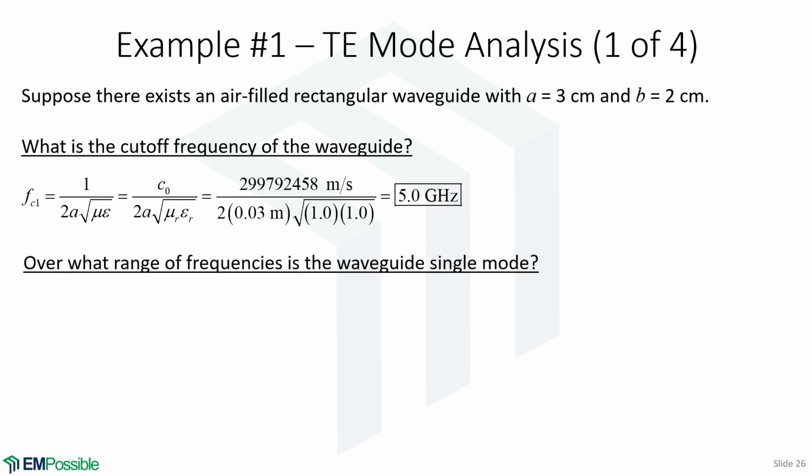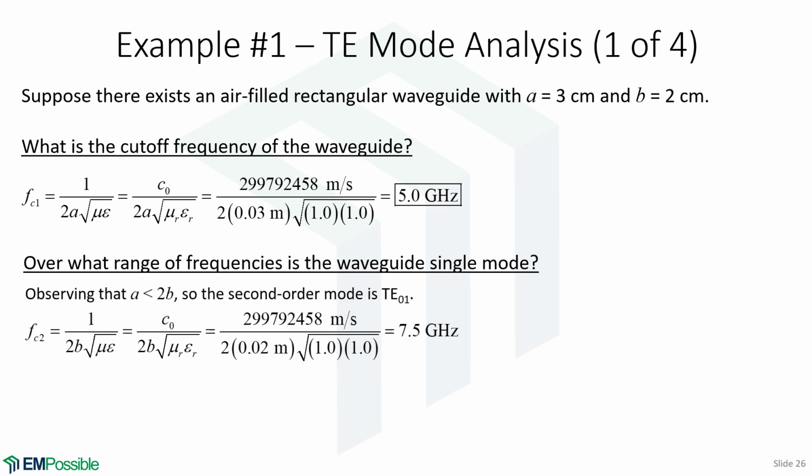Next question, over what range of frequencies is the waveguide single mode? Well, we've calculated the lower number, but what's the upper number where the next order mode suddenly pops into existence? And that would be our range of frequencies. Well, in this case, A is not greater than 2B. So the second order mode in this case is the TE01, not the TE20.